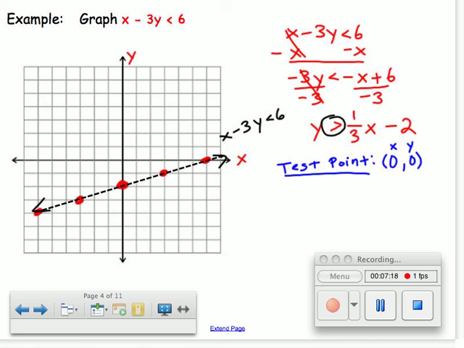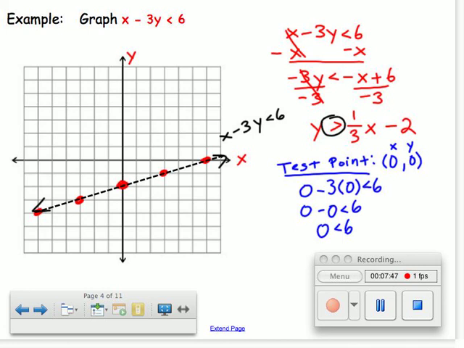So let's take x minus 3y is less than 6, x is 0, y is 0, and we're going to see if that's less than 6. Well, 3 times 0 is 0, and 0 minus 0 is going to be 0. So after testing 0, 0, I end up with 0 is less than 6.